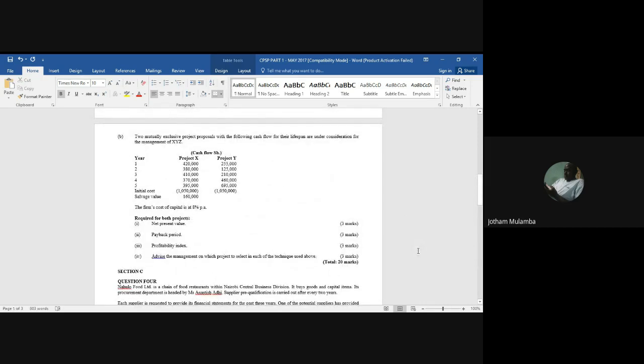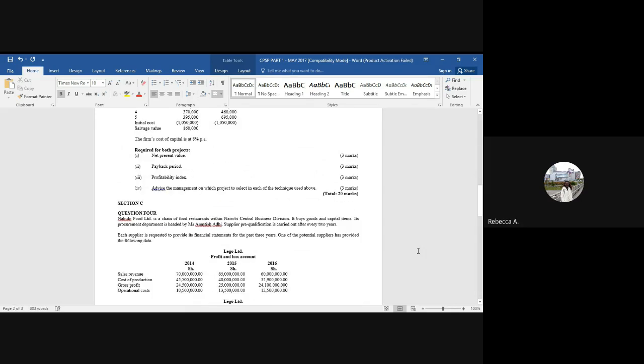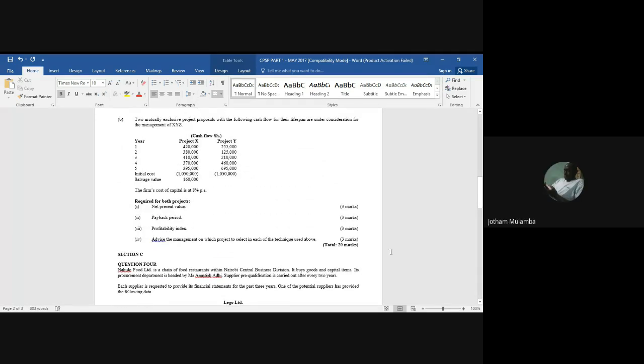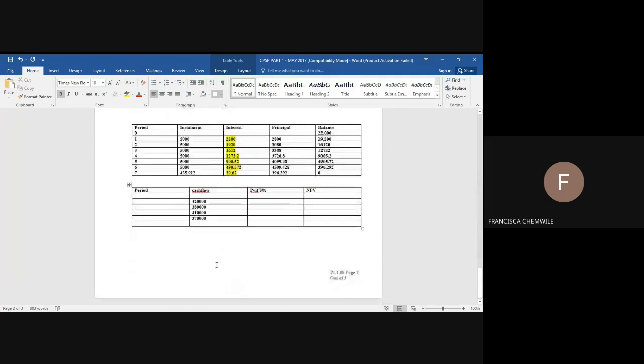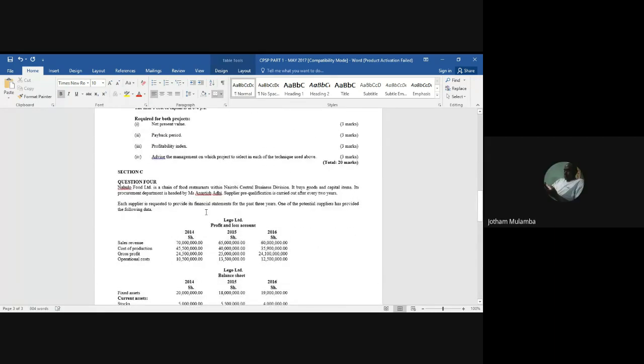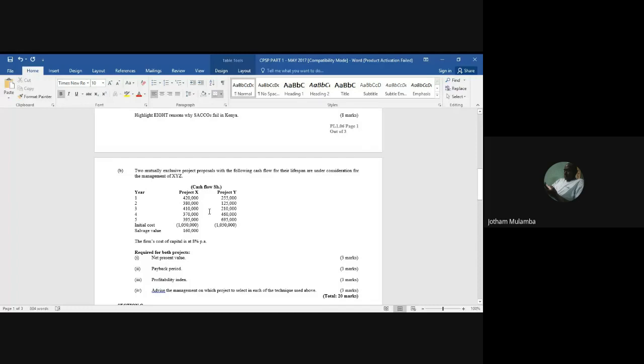Then 395. Because salvage is 160,000, we will add 160,000 to 395. So that will give us how much? 395 plus 160 is 555,000. Yes, 555. So initial investment was 1050.